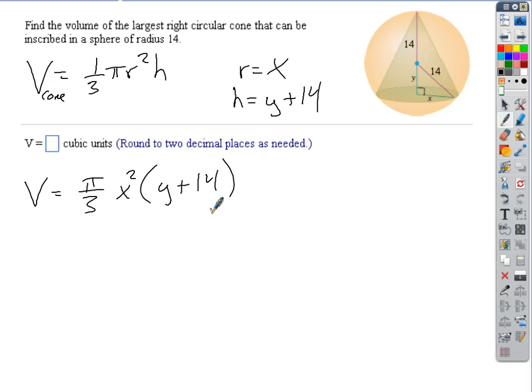The sphere does. And so that has to show up in the equation of constraint, because that is the physical or geometrical constraint. Well, here it is. This is the radius of the sphere. The radius of 14 is what constrains this thing. The radius of the sphere is what determines how big that cone can be. So 14 has to be related to the other two variables, and there it is, very plainly in that right triangle.